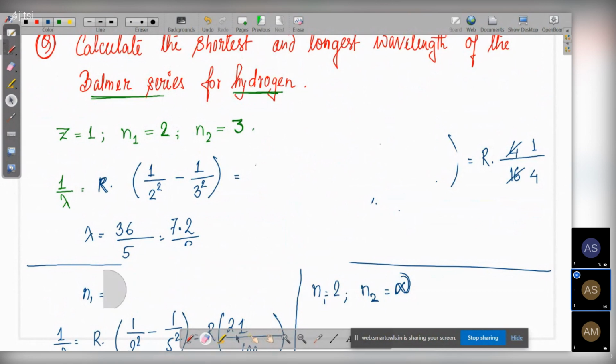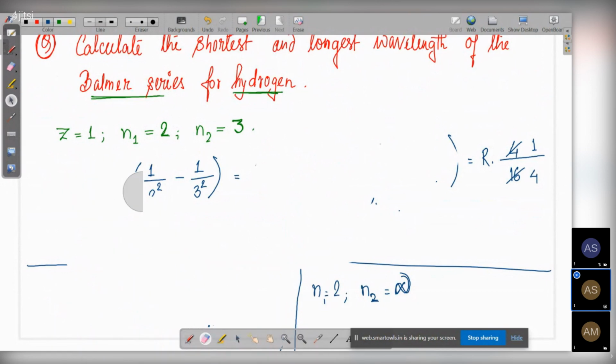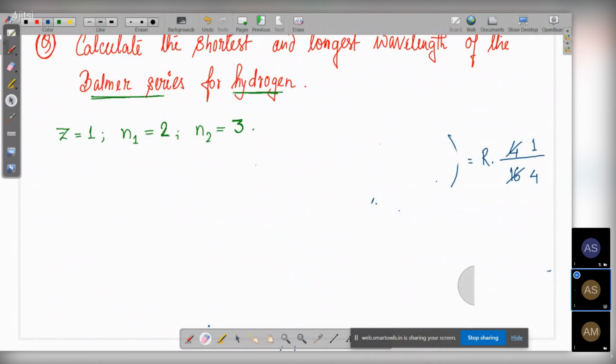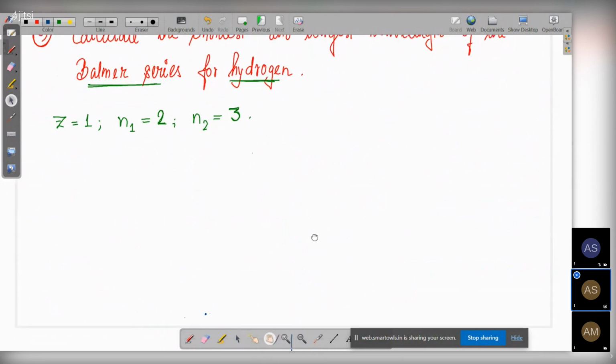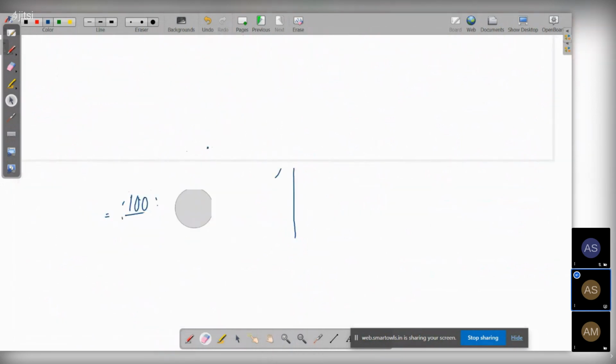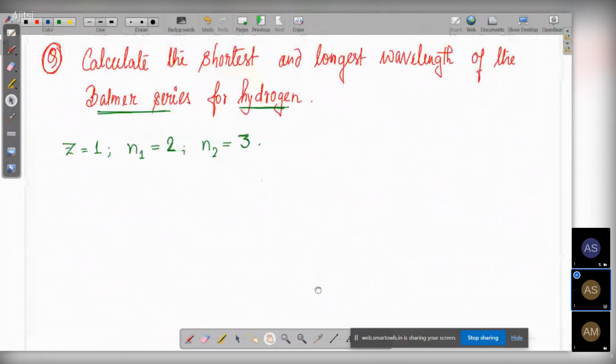Now let's calculate it. So for any series, be it Lyman series or Brackett, whatever series be given, calculating the shortest wavelength means that series till the infinity transition.